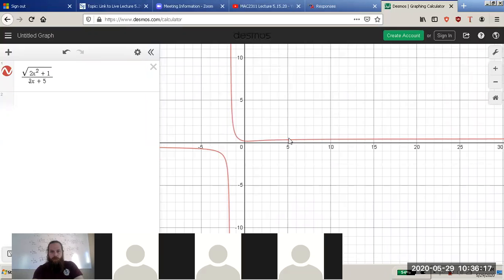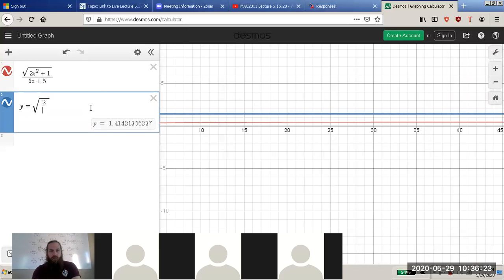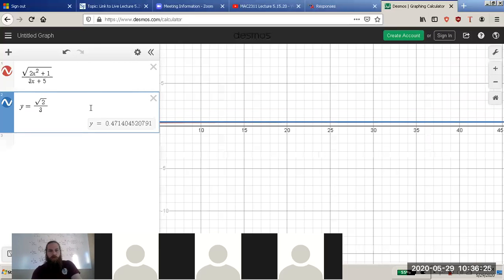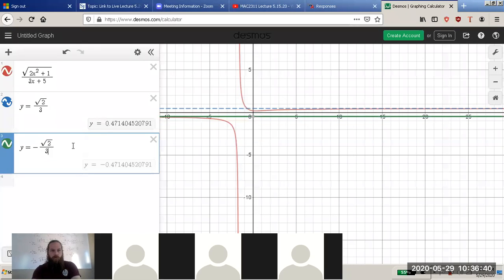On the right-hand side, we're approaching some positive number as we sneak out here, and we know what that is. This guy. And on the left side, we're approaching a different number. That's this guy.